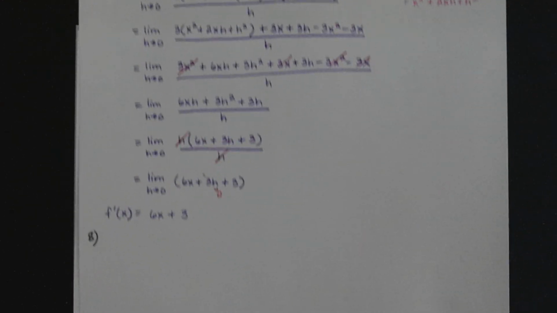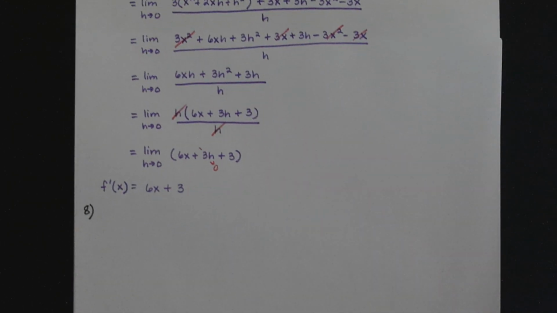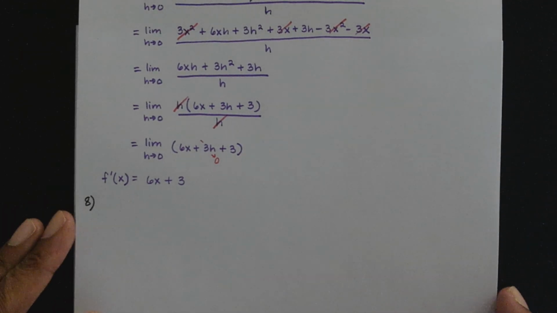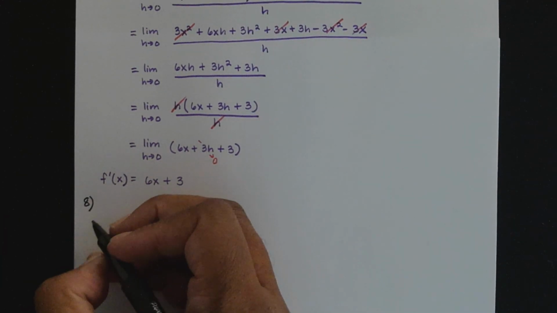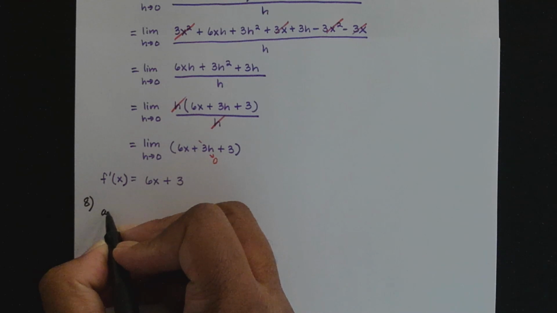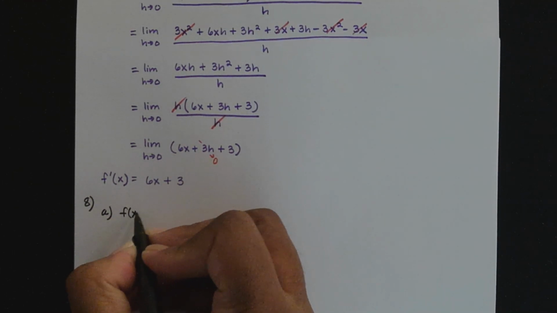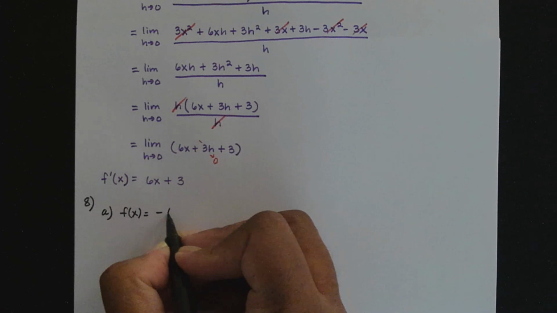Now, problem number 8, A, B, and C, you can just use the properties of derivatives here. So in 8a, we got f of x is equal to negative 6x to the 5th.